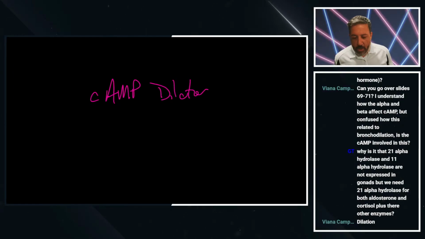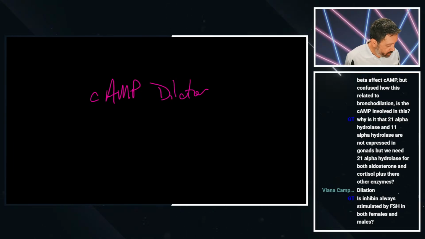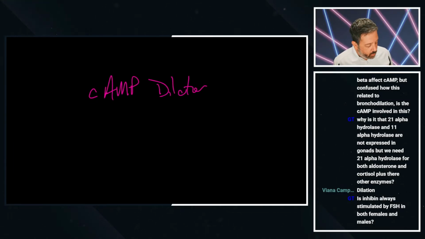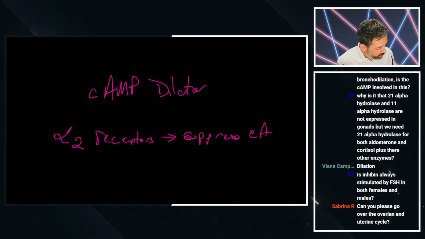So when we talk about these betas and alphas, let me get to the slide again. So we talked about alpha receptors. Alpha 2 receptors, what they do is they suppress cyclic AMP.